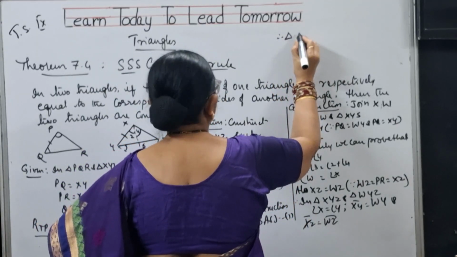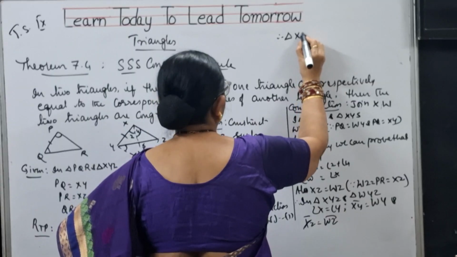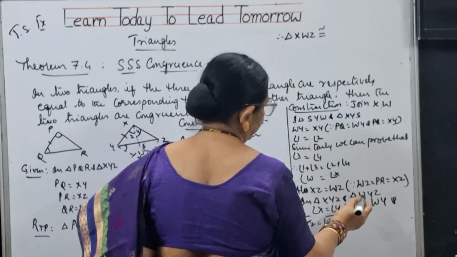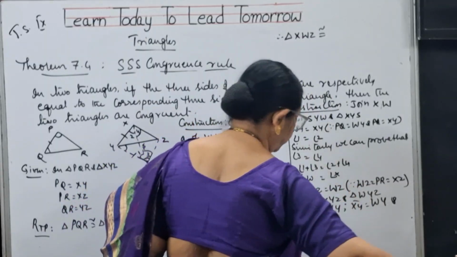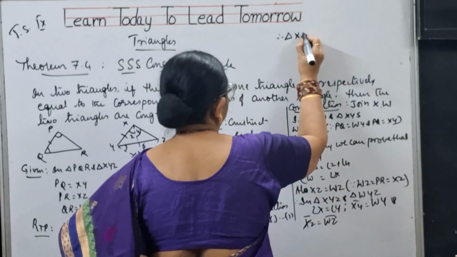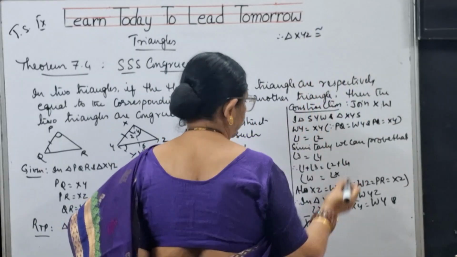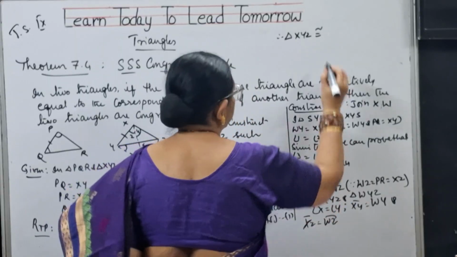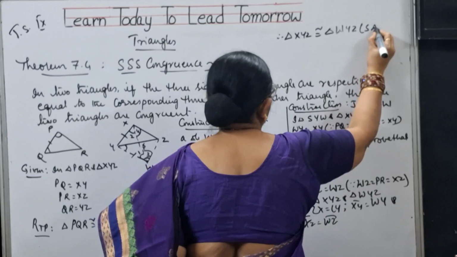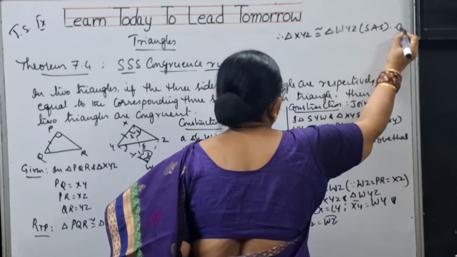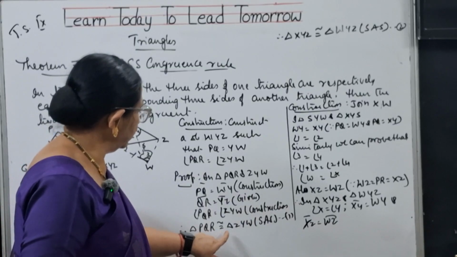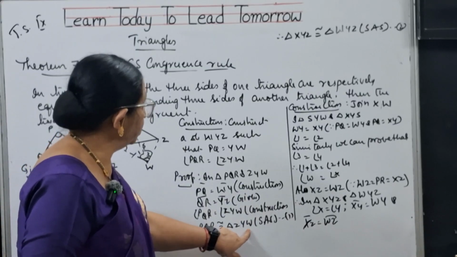Therefore, triangle XYZ is congruent to triangle WYZ basing on side angle side property. It is the second equation. In the first equation, triangle PQR is congruent to triangle ZYW.